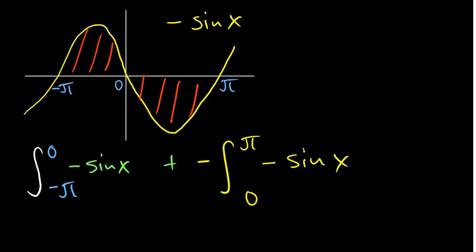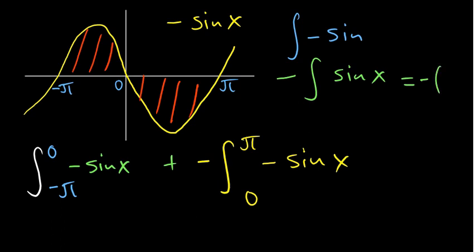So obviously, how do we integrate the negative of sine? So pull out the negative. So the integral of sine of x is what? The integral of sine of x is going to be negative cosine of x. So if we multiply by the negative that is outside there, it gives us positive cosine of x.